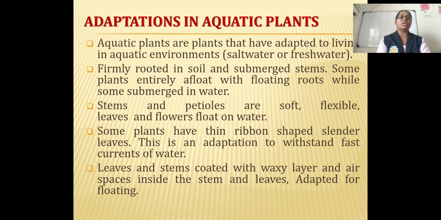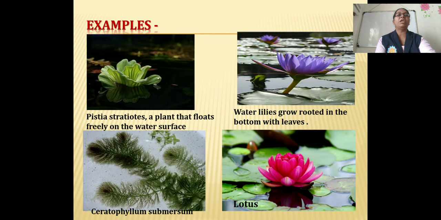Stems and petioles are soft, flexible. Leaves and flowers of aquatic plants float on water. Some plants have thin ribbon shaped slender leaves. This is an adaptation to withstand fast current of water. Leaves and stems of aquatic plants are coated with a waxy layer, and air spaces inside the stem and leaves are adapted for floating. So these are some adaptations of aquatic plants.